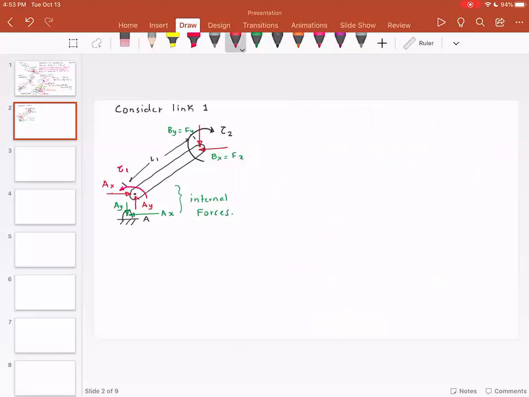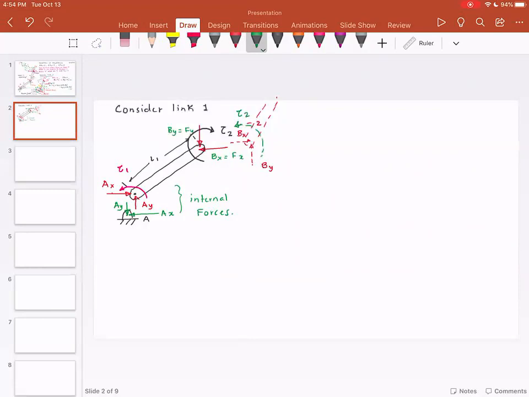So let me show you that you have another link over here, and on this link, this is link 2, you have By and then you have Bx, and I will draw it with a different color, external torque tau 2.